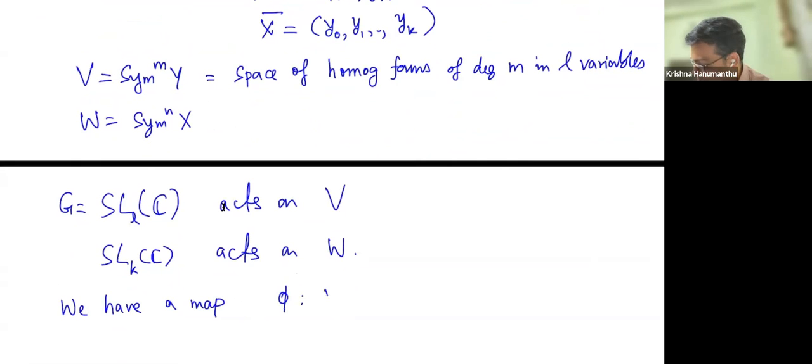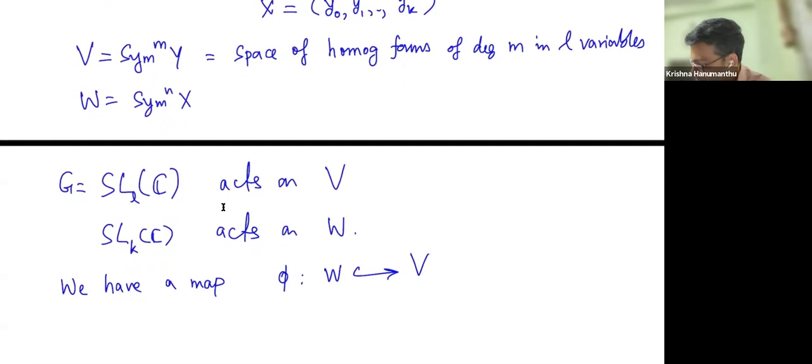It's in fact an embedding. So if you are given a homogeneous m-form, by simply multiplying by y0 to the power n minus m, we get a homogeneous, it should be m minus n, form. So this gives you a homogeneous m minus n form. M minus n plus n. So this will be a homogeneous m form.